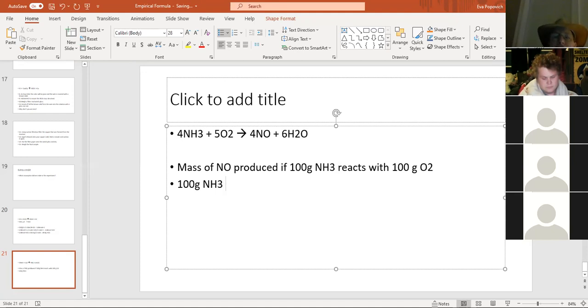What was the first step I said we did? 1 mole over the molecular weight. You're exactly right. We need to change this into moles. So we have to multiply this by 1 mole divided by the molecular weight of ammonia.